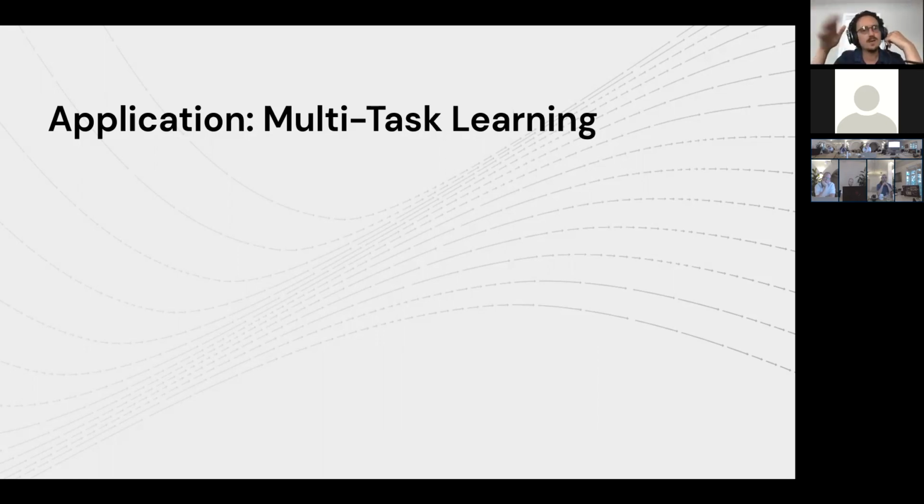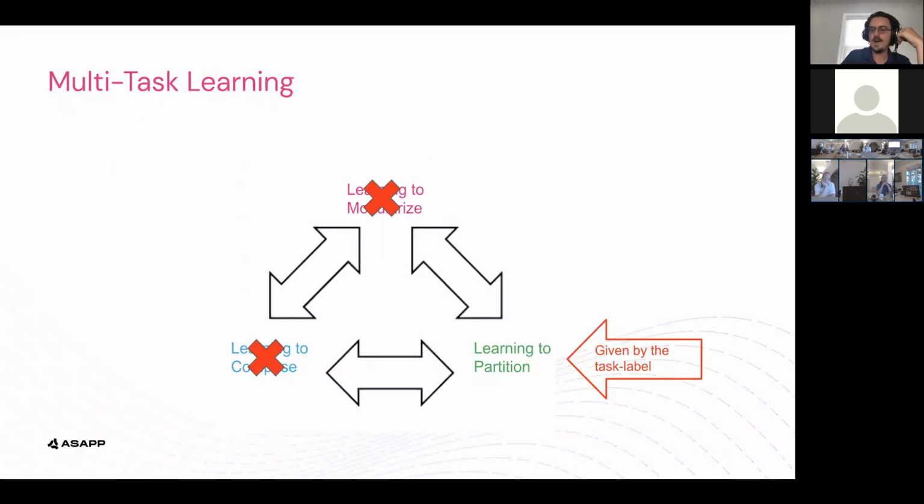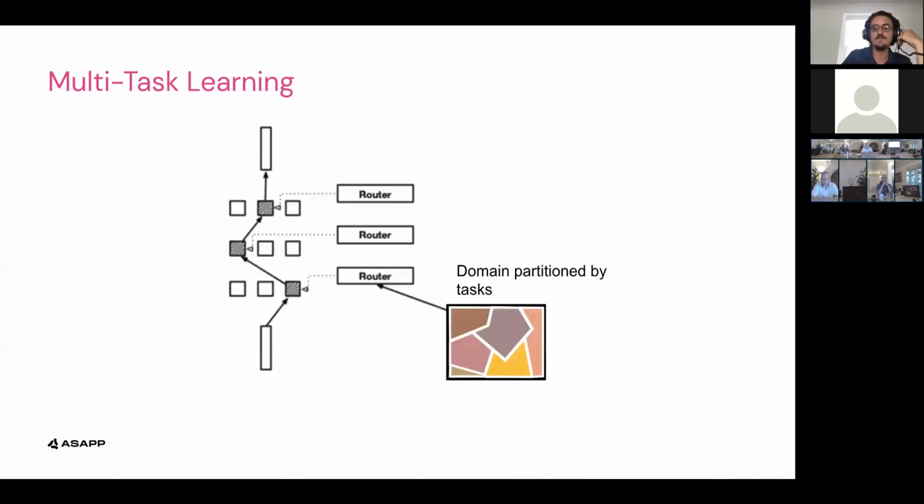We don't know how exactly they relate, but this is an externally given partitioning of your sample space that you can now exploit. So the easiest way to make these modular architectures work is by explicitly taking multitask data sets, multitask problems, and letting them run against it.